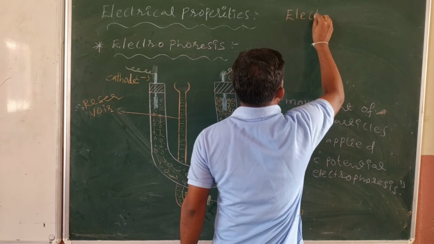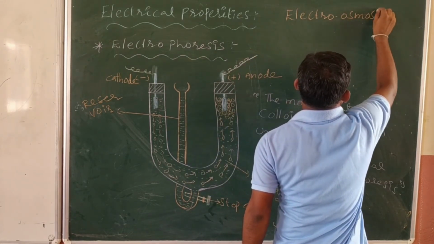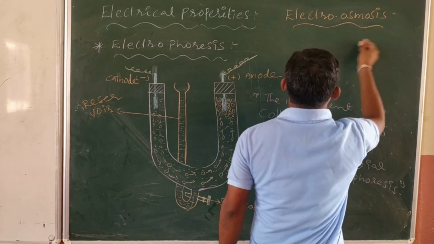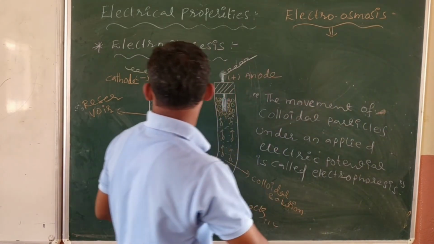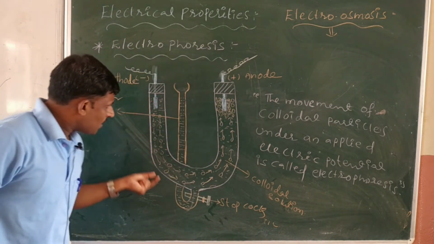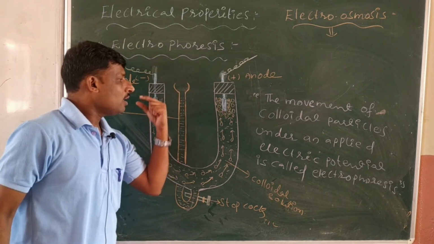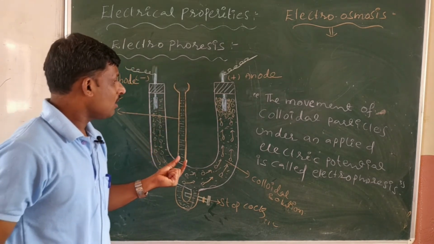What is electroosmosis? It is similar to electrophoresis, but what is the difference? In electrophoresis, colloidal particles move under an applied electrical potential.